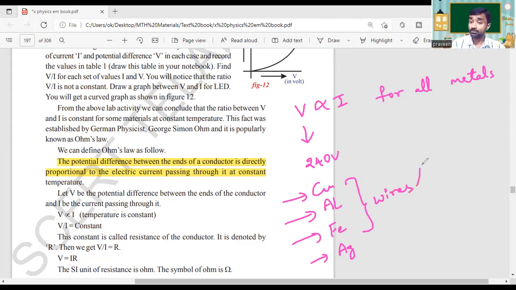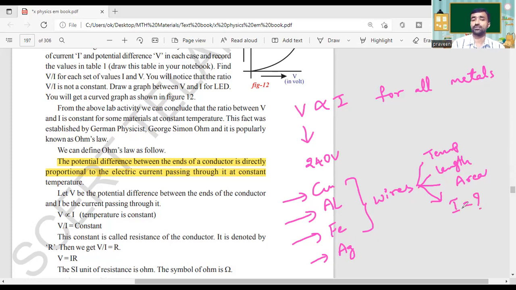What you are maintaining here is constant temperature, fixed length, and fixed area. Length, temperature and area fixed. Then you are finding the current passing through it.